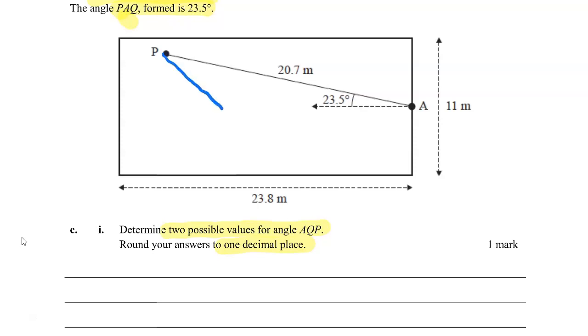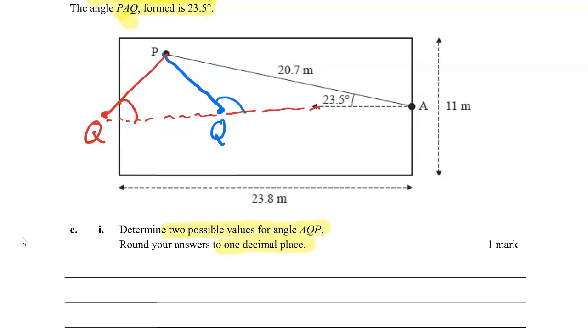It could be here, or it could be here. We just don't know. All right. So this is that ambiguous case of sine. So it could be that angle, which is an acute angle, or that angle, which is the obtuse angle. As I say, we just don't know which it is.